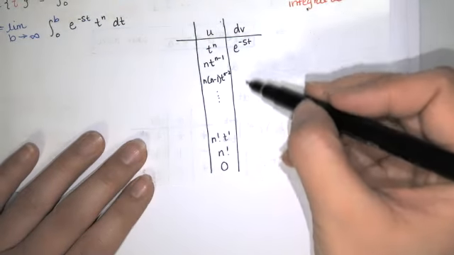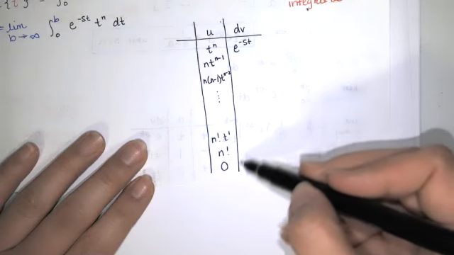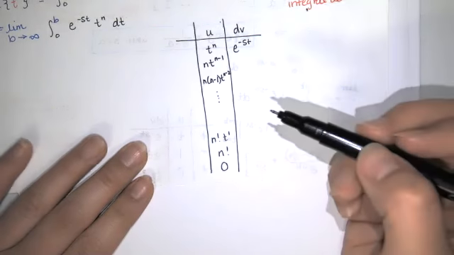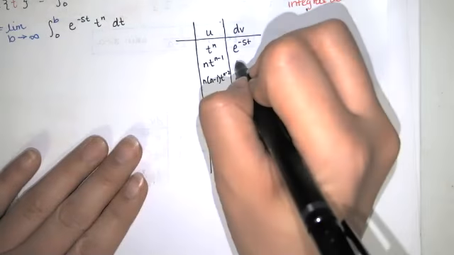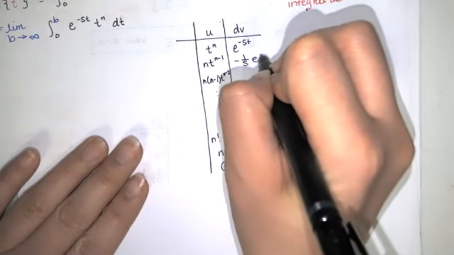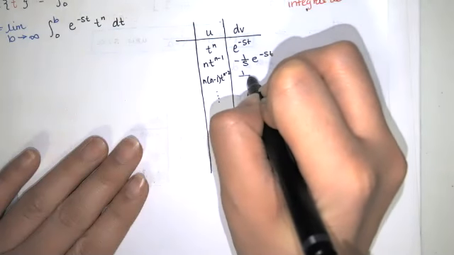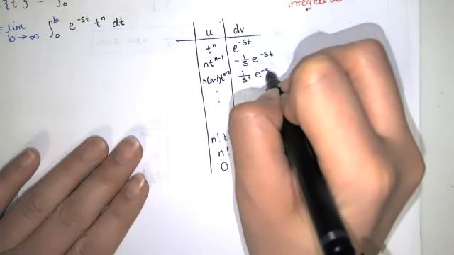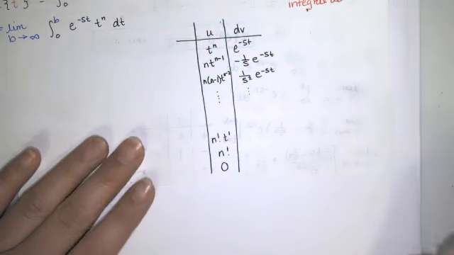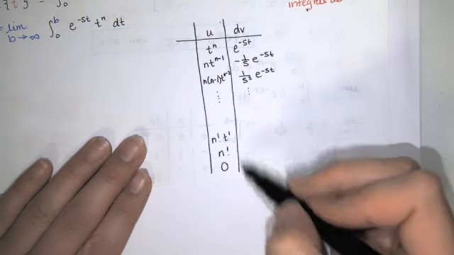And then the question becomes, well, what is this term going to look like at the end for this antiderivative of e to the negative st? Well, every time I antidifferentiate, I end up multiplying by another negative 1 over s. So I end up with a positive 1 over s squared times that over here. And we're going to keep going. The question is, how many times did we end up doing that?